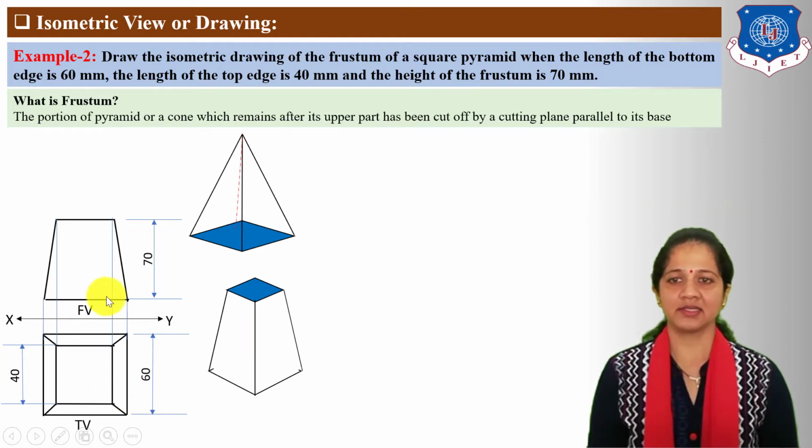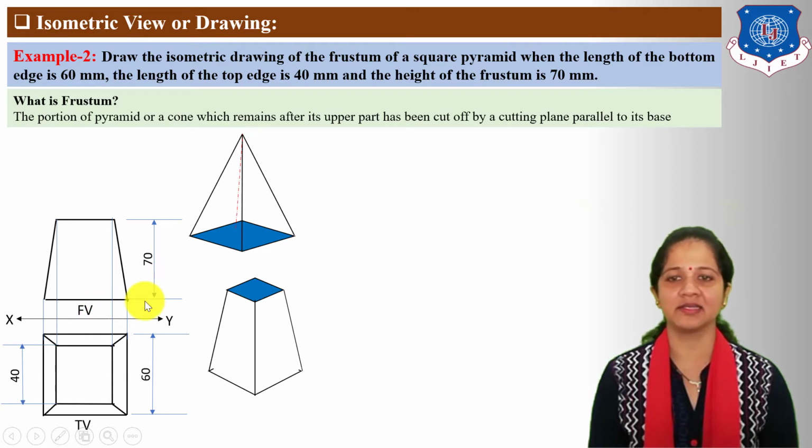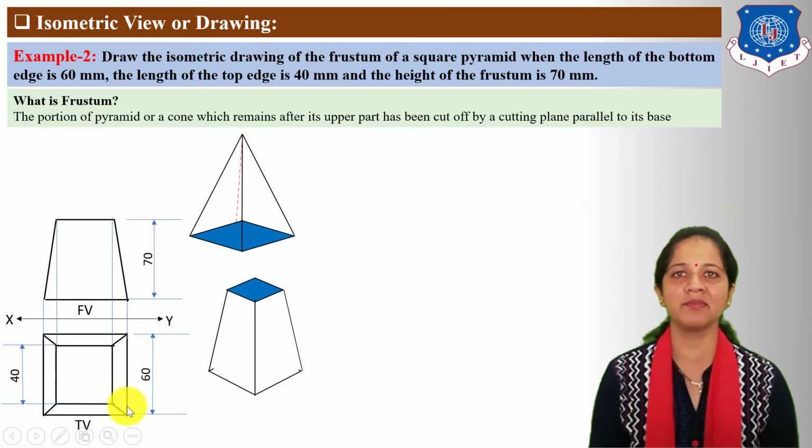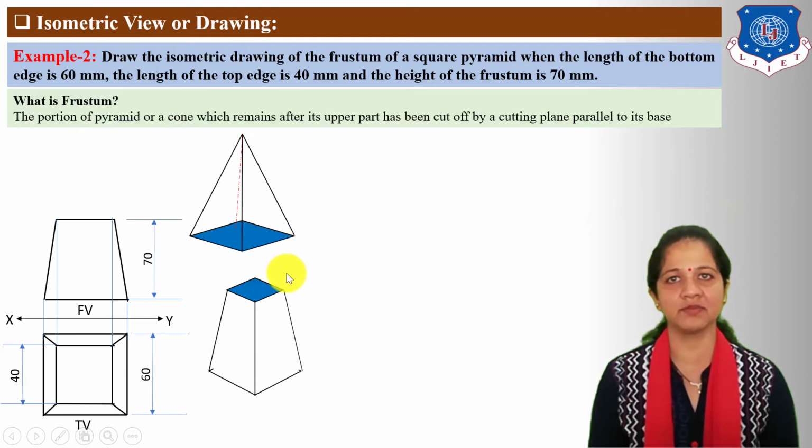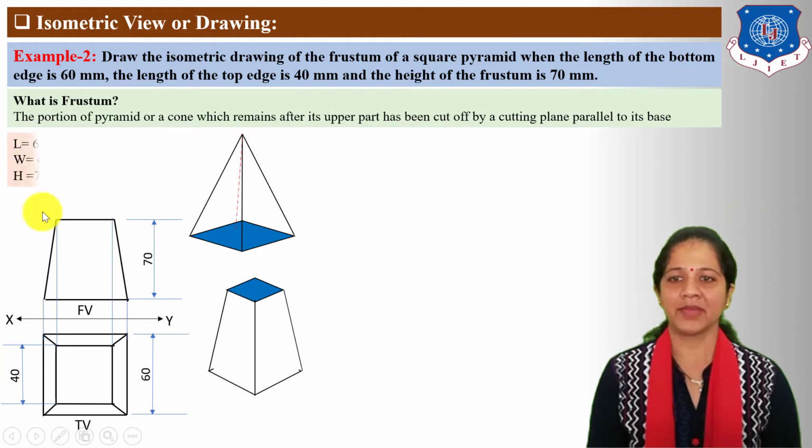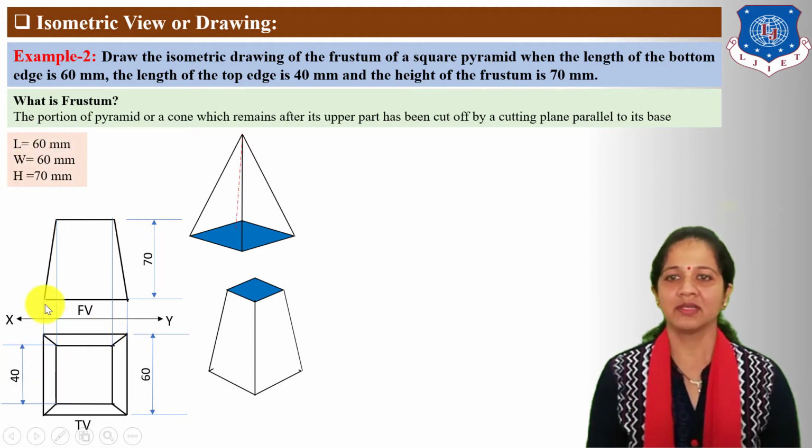Now here the line parallel to the XY line indicates length, this vertical line indicates height, and in the top view this vertical line indicates width. So first find out the maximum length, width and height of the given frustum of square pyramid. Maximum length is equal to 60 mm.